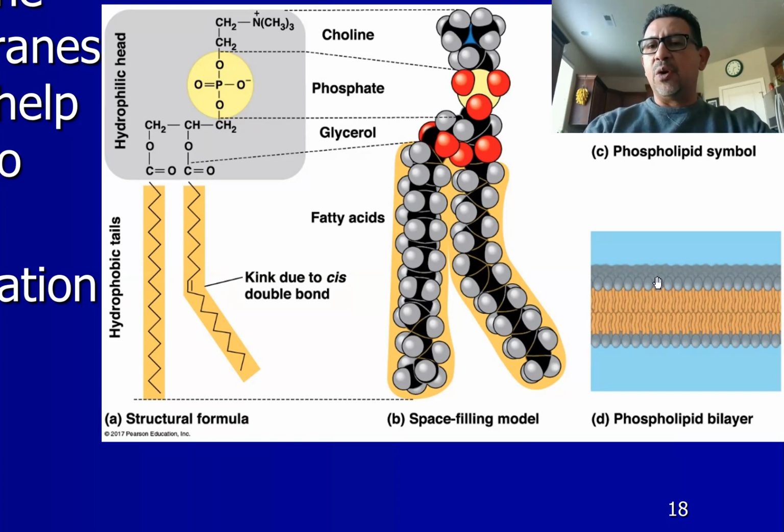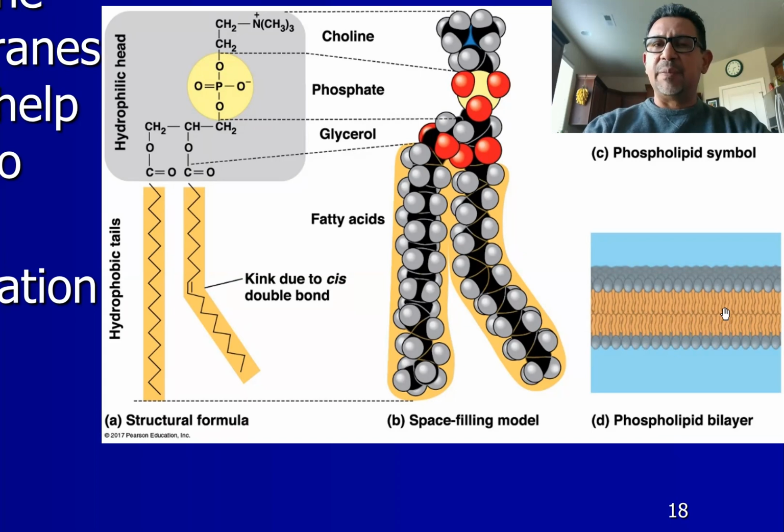So the hydrophilic heads are going to be oriented in the direction of water, and the hydrophobic tails are going to be tucked in the middle at the core of this phospholipid bilayer away from water.